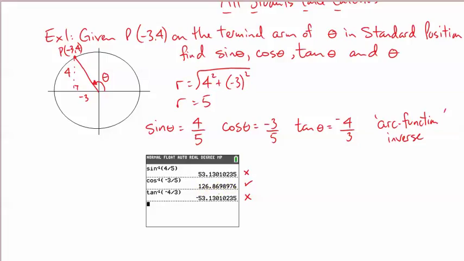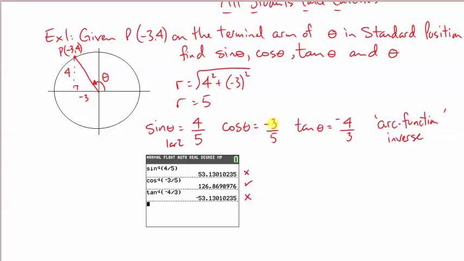What's going on is that the design is resulting in the smallest angle possible as a result, and there could be more than one location that has this ratio. Think about it. When I have sine with 4 and 5, y and r, that can occur in quadrant 1 or 2.